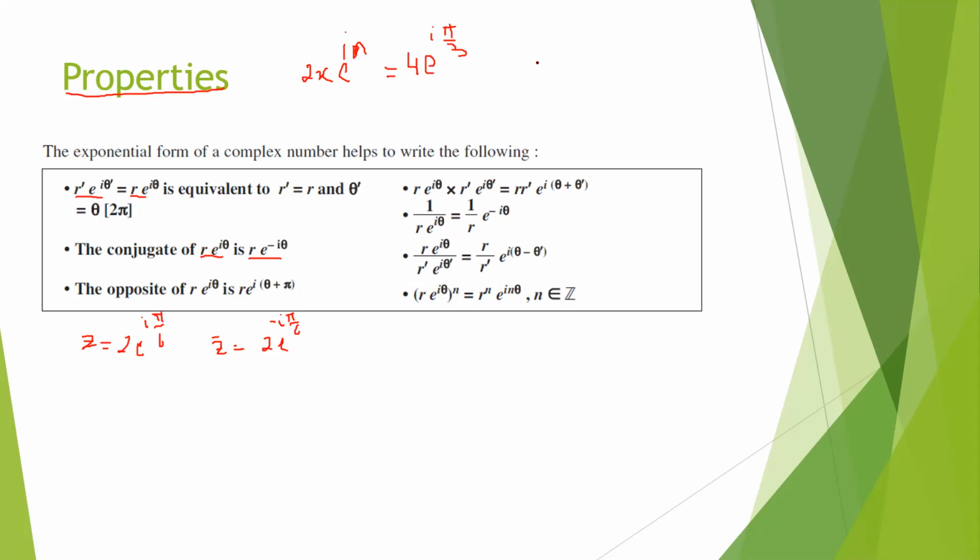The modulus 2x should be equal to 4, so x equals 2, and theta equals pi over 3.